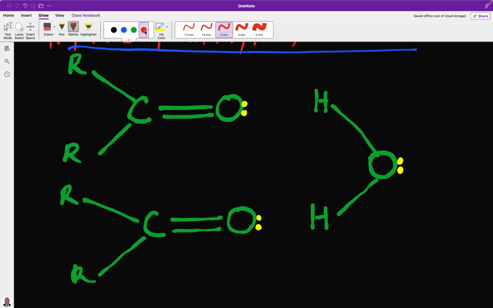What happened here is that there is a hydrogen bond that is formed here, due to the polarity, with the partial positive on this other side.